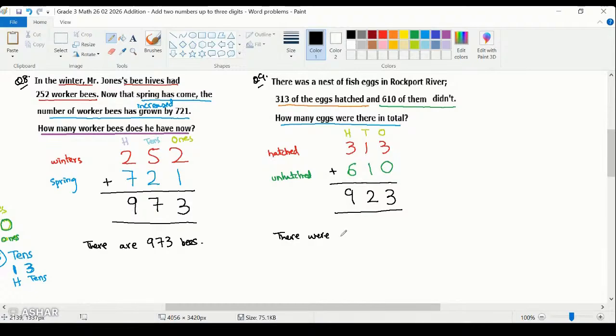There were 923 eggs in total. Okay, it's past tense. Yes. Buko, why would you write it the other way around? It's 923. Okay. Let's do some questions from the test.